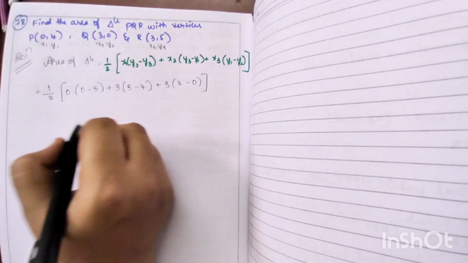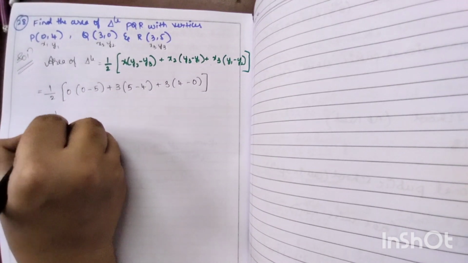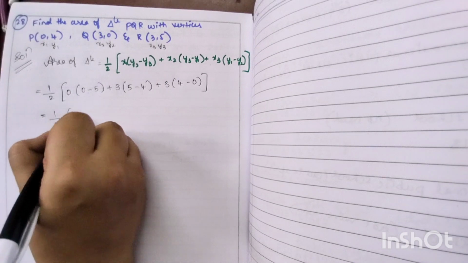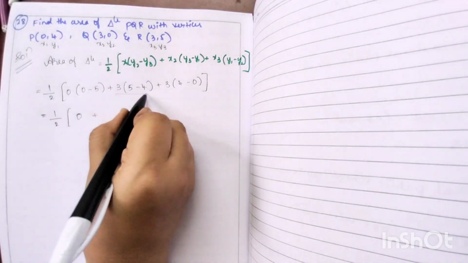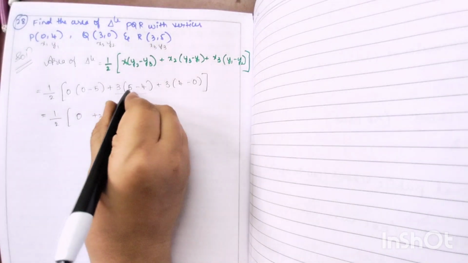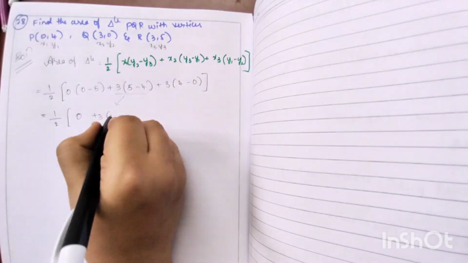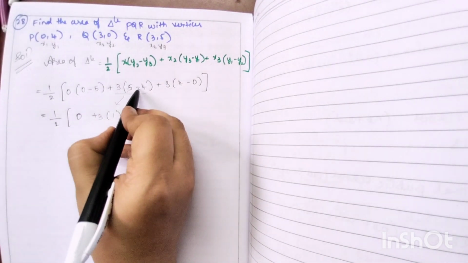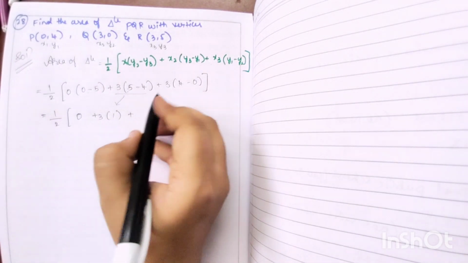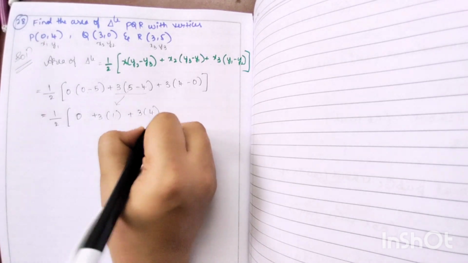So it's quite easy to do that. Anything multiplied by 0 is completely 0, plus these terms now, that is nothing but 3 into 5 minus 4 is 1, then 4 minus 0 is 4, 3 into 4.